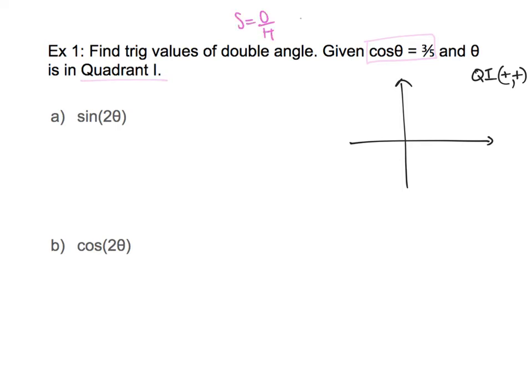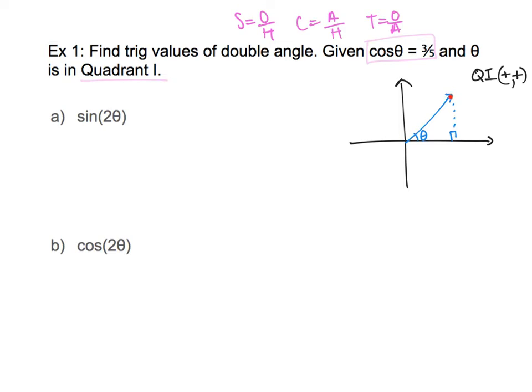So cosine is adjacent over hypotenuse. And so if I were to draw an angle in here, you know, my angle, I can make basically a triangle from this.